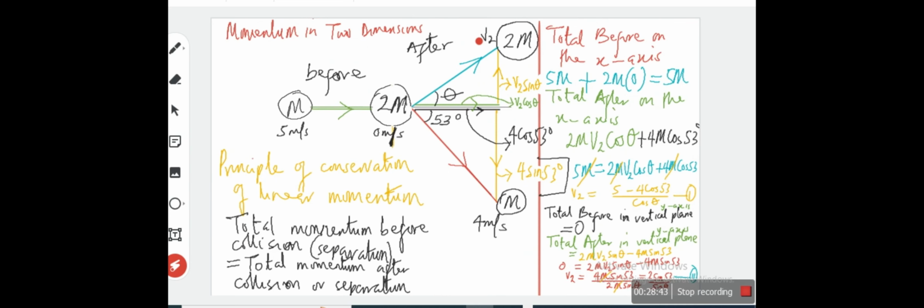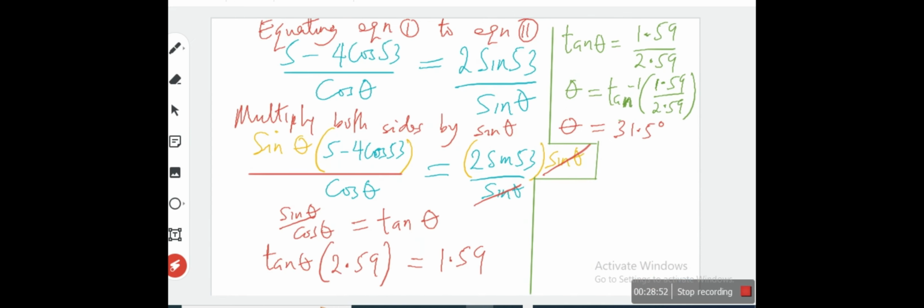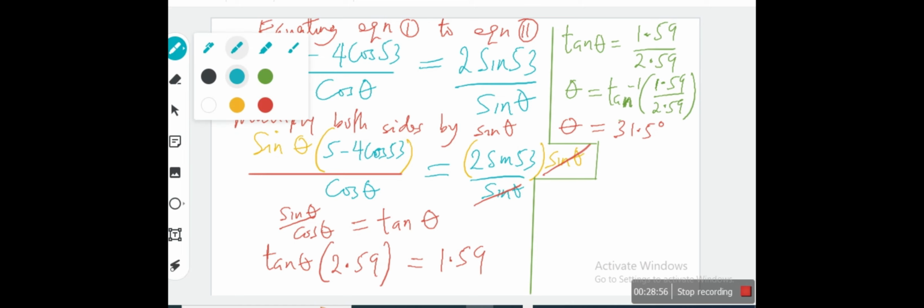Remember, we found the equation for V2. From equation 1, V2 is 5 minus 4 cos 53 over cos theta. What I'm doing is just manipulation of components.